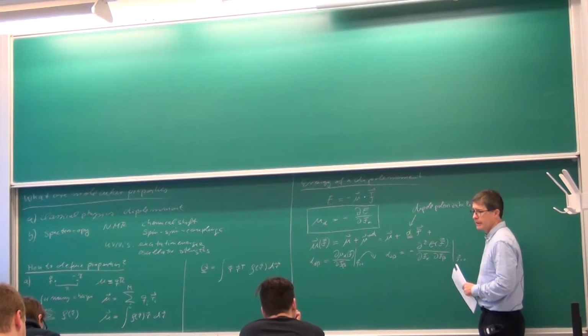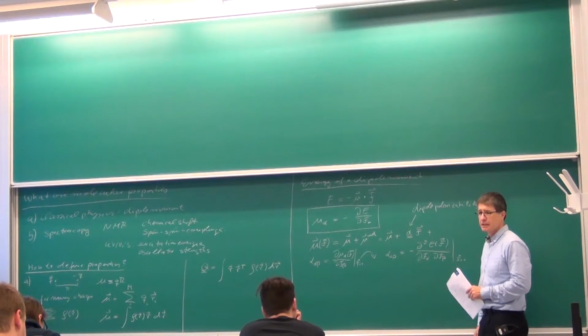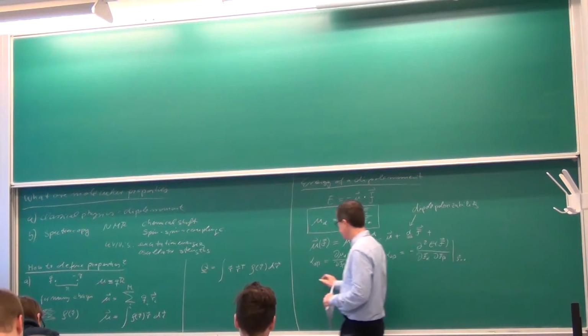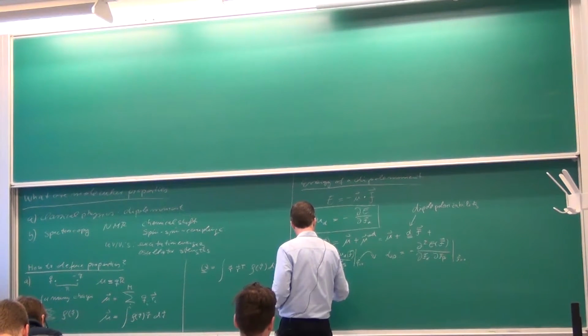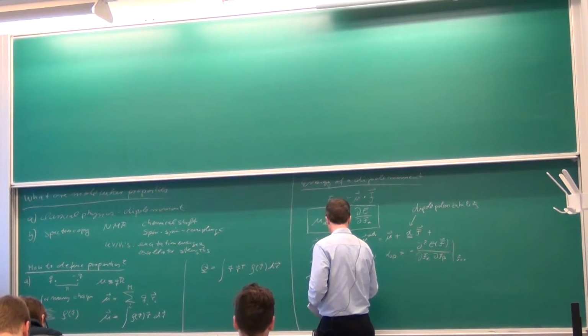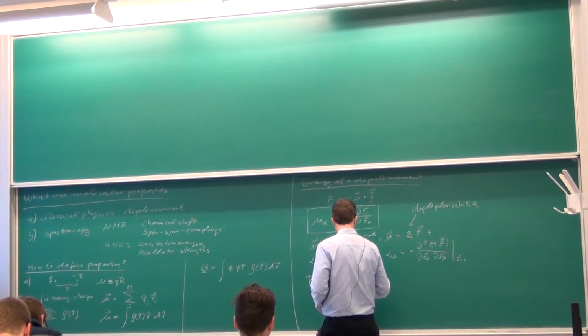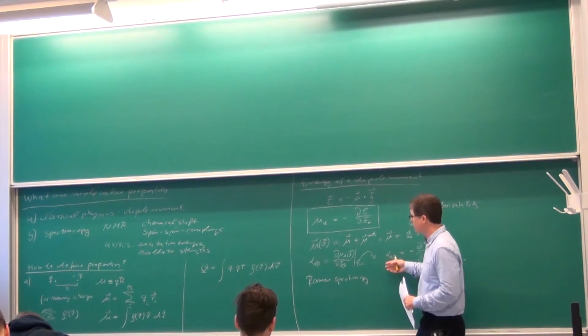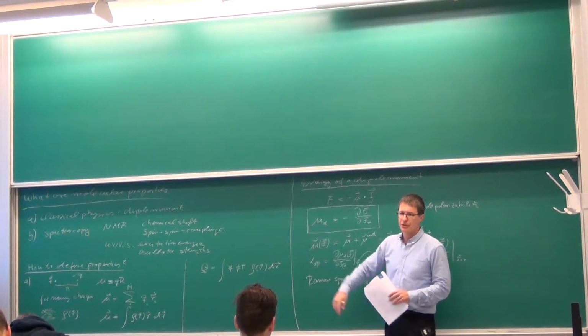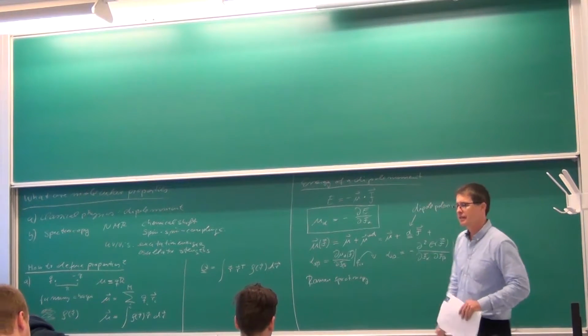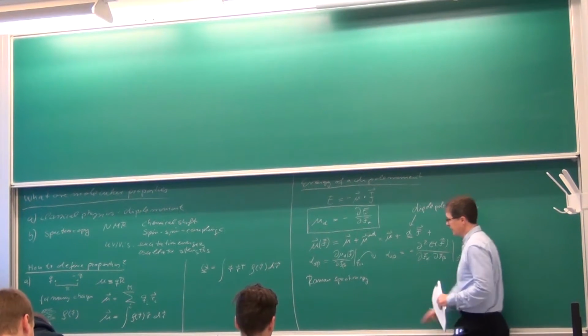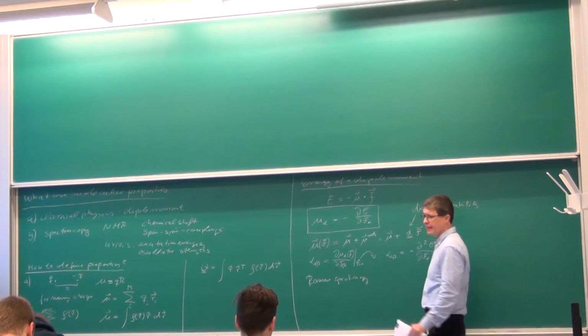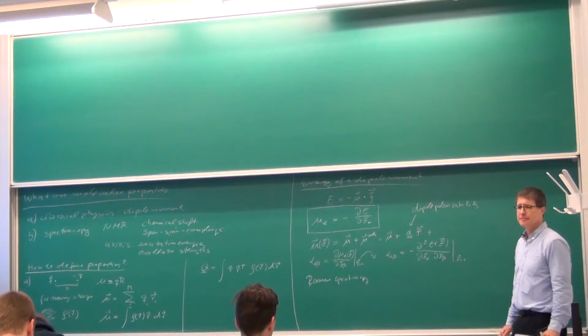Does anyone know where we meet polarizabilities? Raman spectroscopy, yes. Where the polarizability takes over the role which the dipole moment has for normal IR absorption spectroscopy. There's another one.